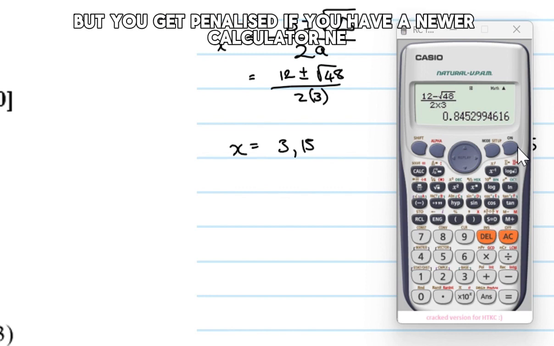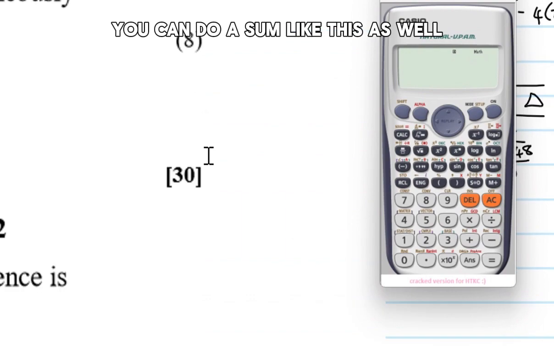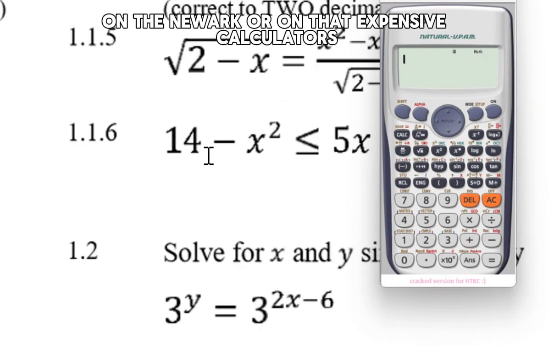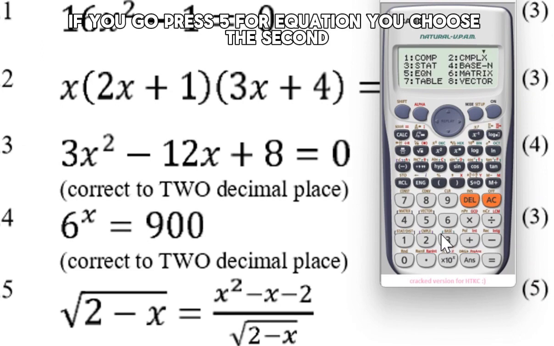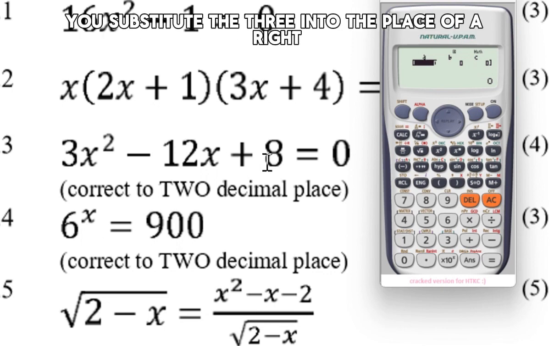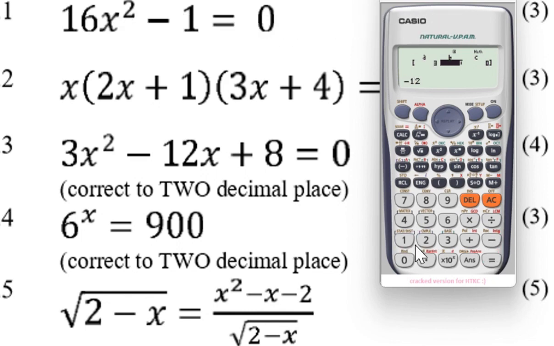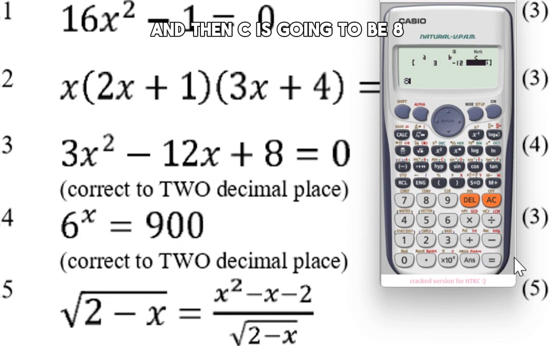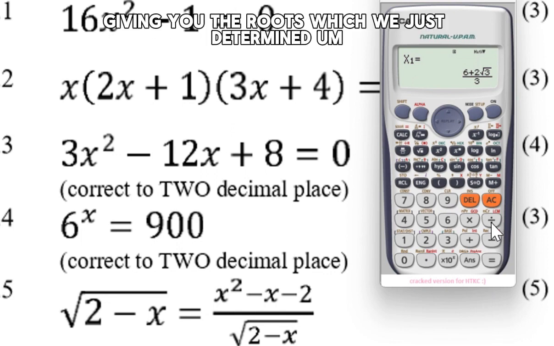If you have a newer calculator, let me quickly show you how you can do a sum like this on the newer, more expensive calculators. So you go to mode, press 5 for equation, and you choose the third option. You just need to have it in standard form. You substitute 3 in the place of a, then b is going to be negative 12, and then c is going to be 8, and it gives you the roots, which we just determined.